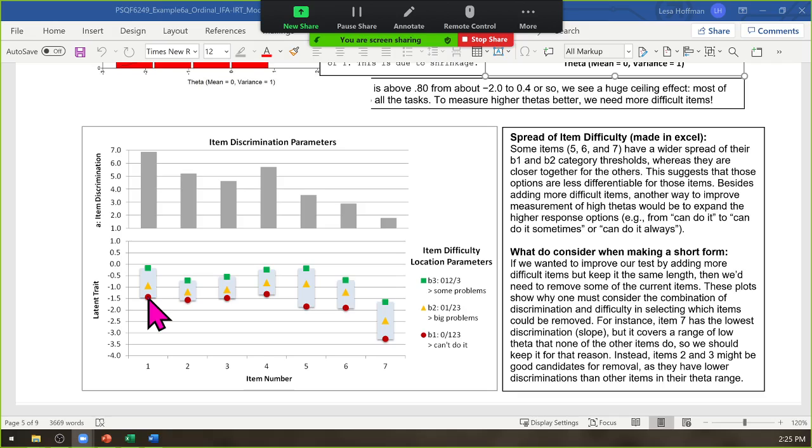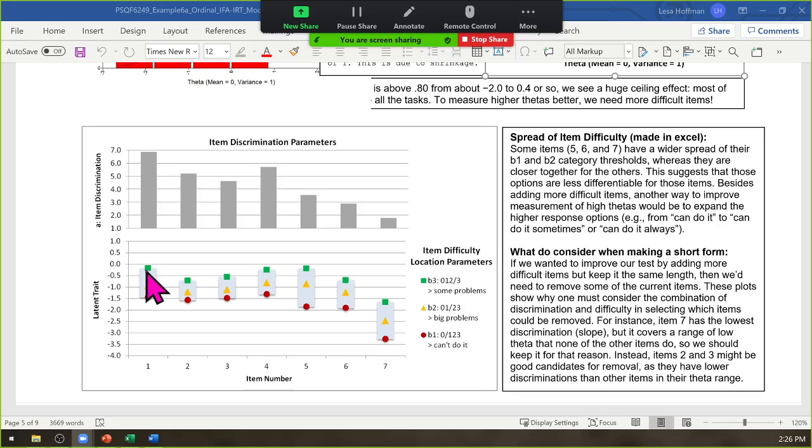It's the point at which you have a 50% probability of being in the 0, 1, or 2 lumped together versus 3. Okay. So the lumping is the key, I think. The 50-50 split is the categories lumped together. So green is the point at which you are 50% likely to say 3, which means you can do this. Okay. So for item number 1, that happens at a theta of close to 0, we'll say.